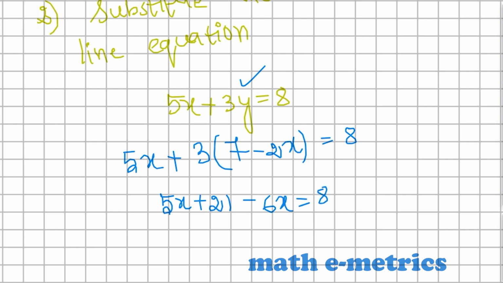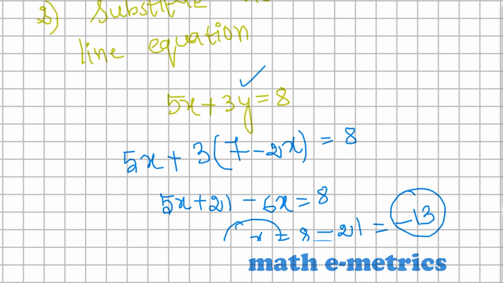Then it would be negative x plus 21 equals 8. So negative x is equal to negative 13.